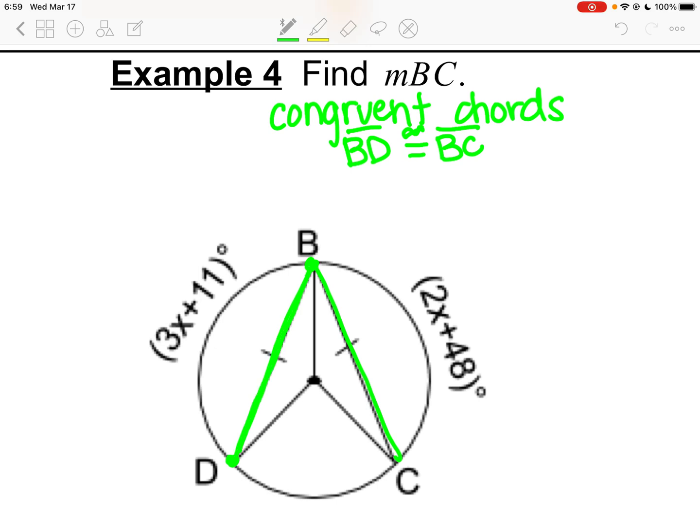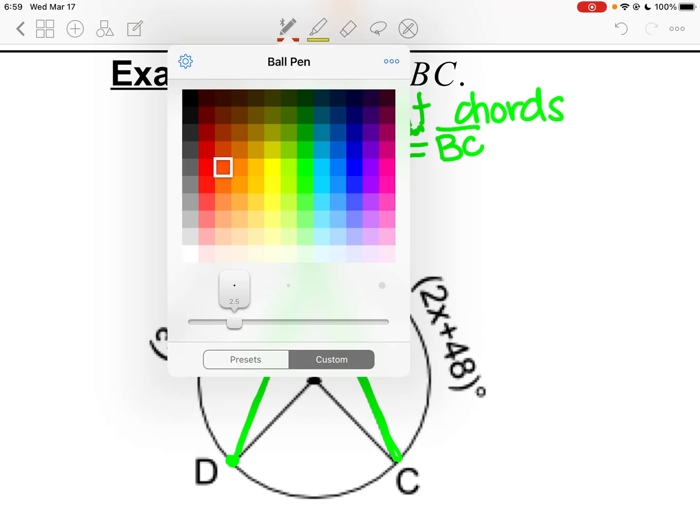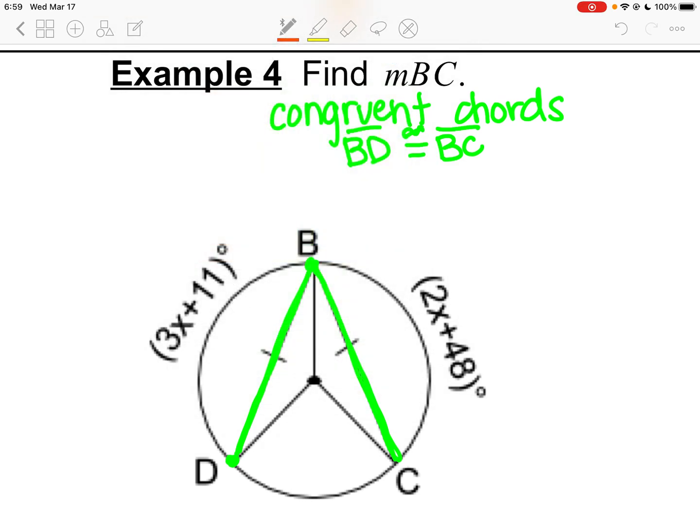So congruent chords have congruent arc lengths. So if BD is congruent to BC as segments, then as arcs, those will also be congruent. So arc BD will be congruent to arc BC.